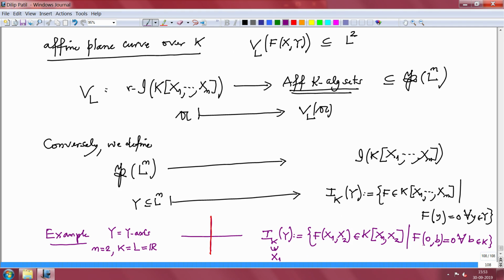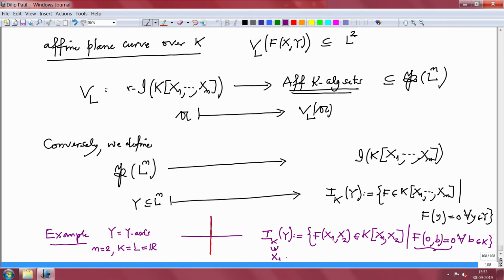And for any other polynomial, when I put x equal to 0, it is 0, that means there is no pure y term. This condition means f does not contain any pure monomial in y, because if it is there, then when I put b there, it will not be 0 for every b.